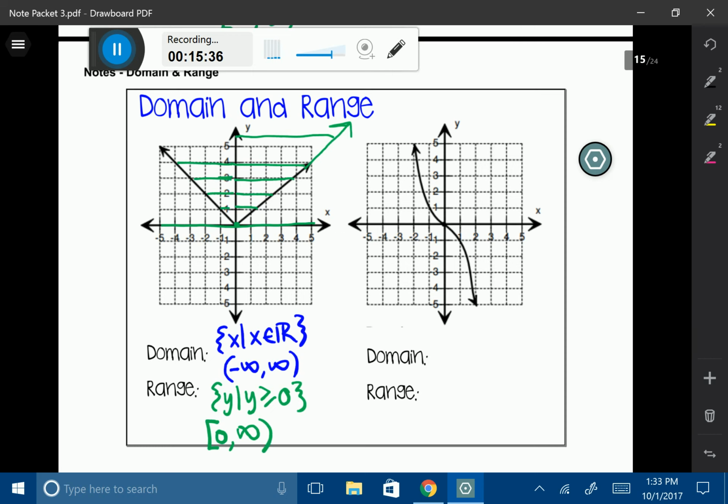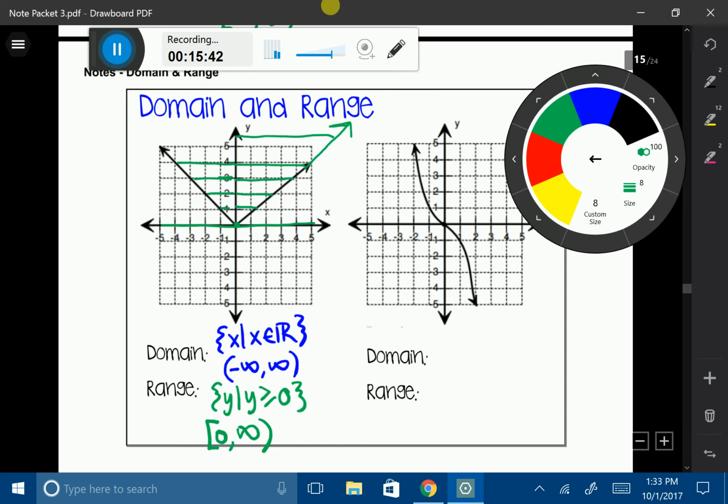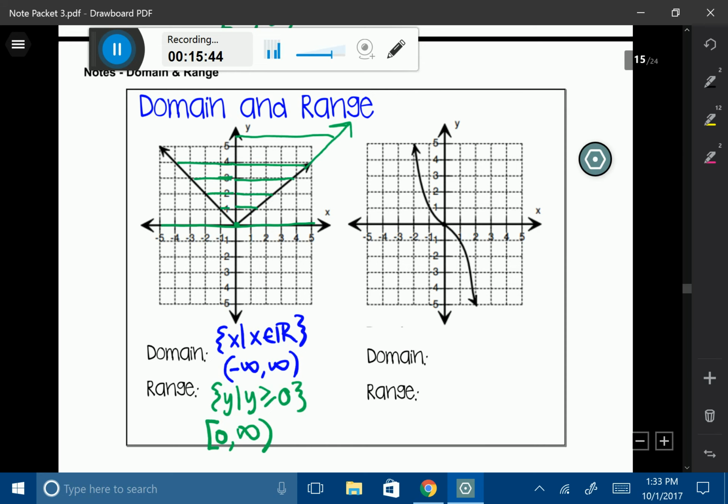All right, let's look at another one like that. All right, let's first look at my domain value. Let me grab my blue. And it looks like my domain value, you can see that my arrows are going to be continuing this function here. And you can see as the function kind of slopes down like this, it's getting larger. So it's going to continue to get larger and larger and larger over time, or further and further away from the y-axis.